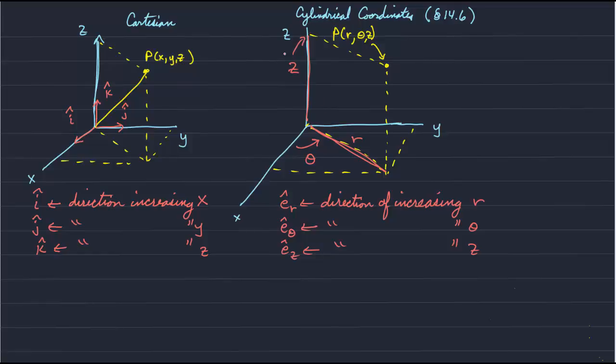So with those definitions of these coordinates, the direction of increasing r at point P will be outward away from the z-axis. So this is e hat r. The direction of increasing theta will be orthogonal to that.